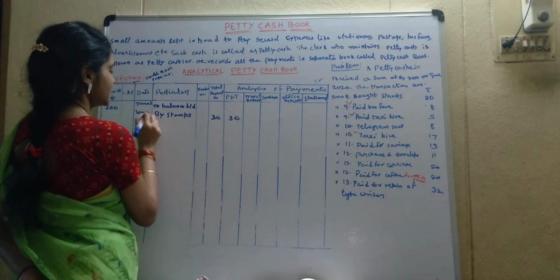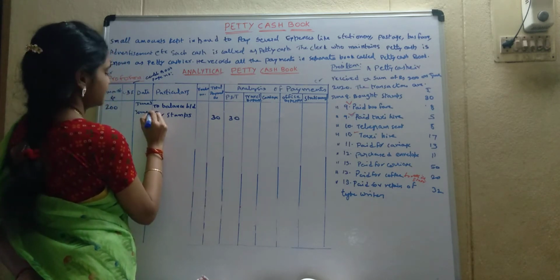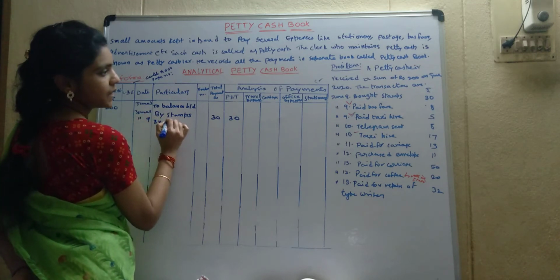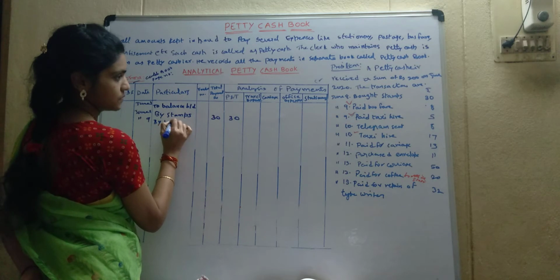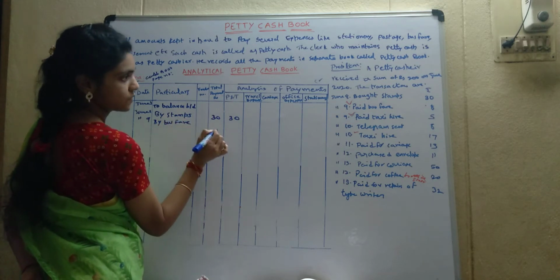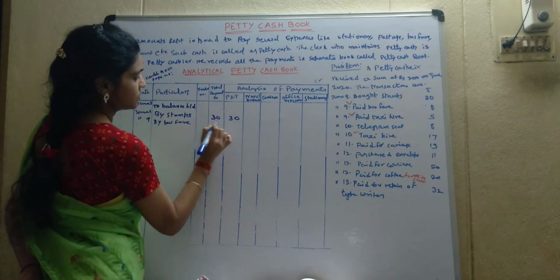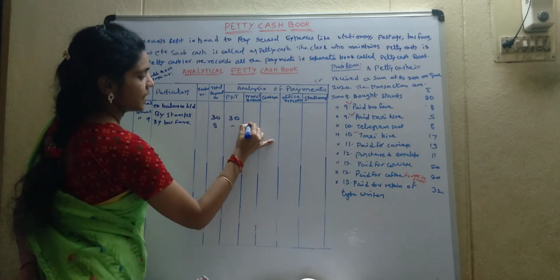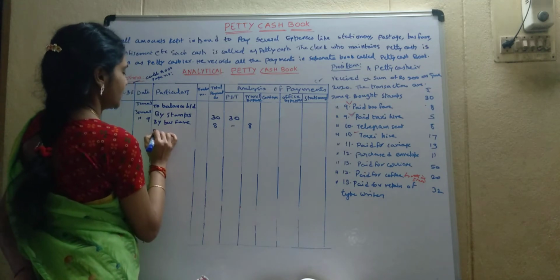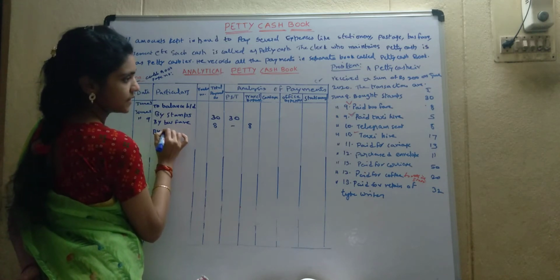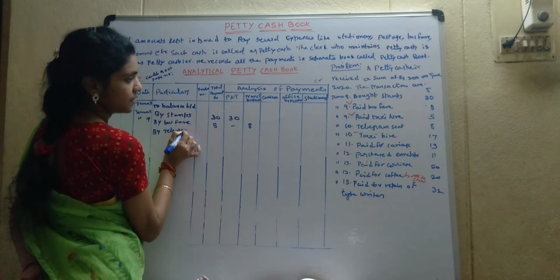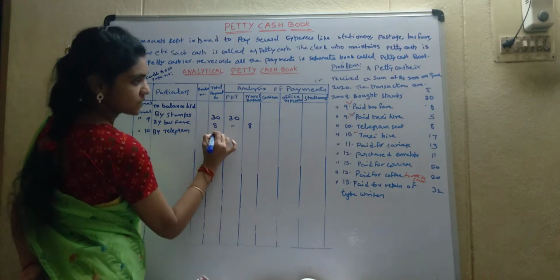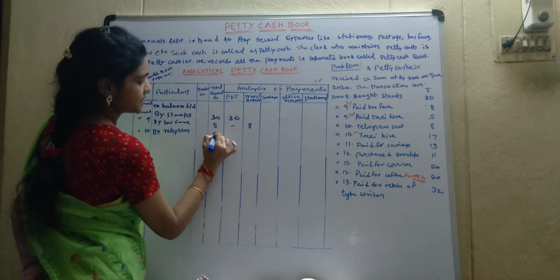And coming to the next, June 9, by bus fare. We have to write it in the total column and then in the traveling expenses column, 8. And next, by telegram sent on the 10th. What's the amount? 8.